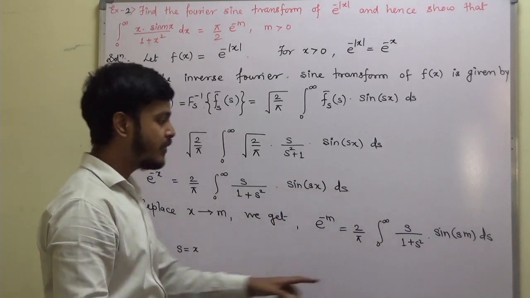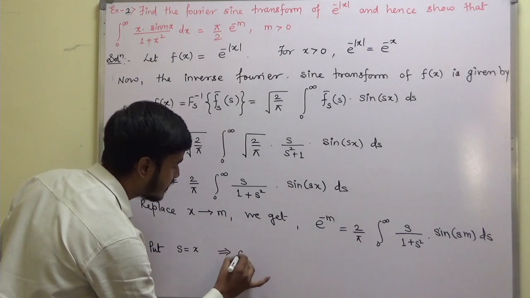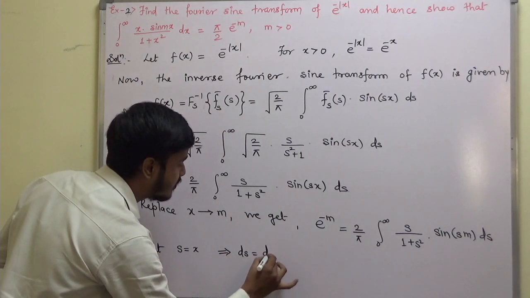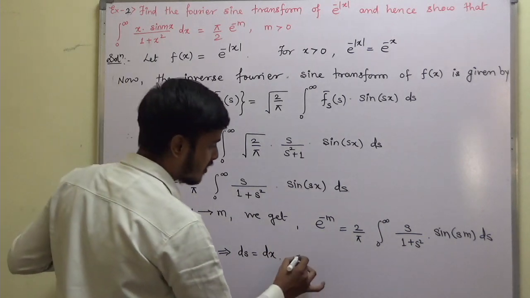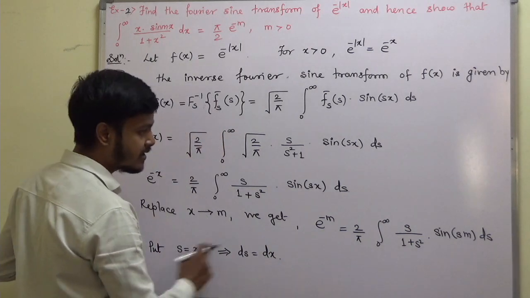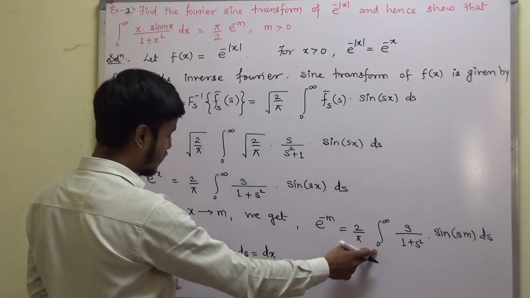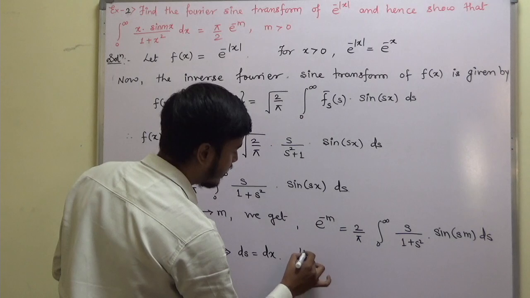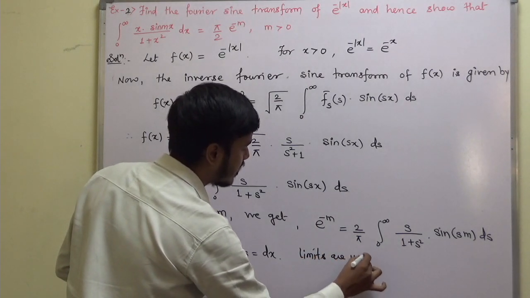The moment I put s is equal to x, what would be my ds? ds is equal to dx. Put s equal to 0, x equal to 0; s equal to infinity, x equal to infinity. Limits are unchanged.